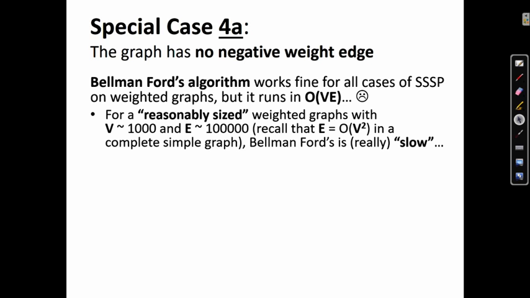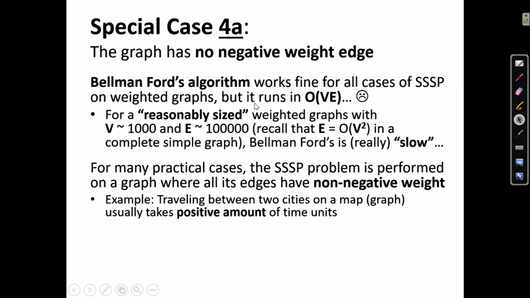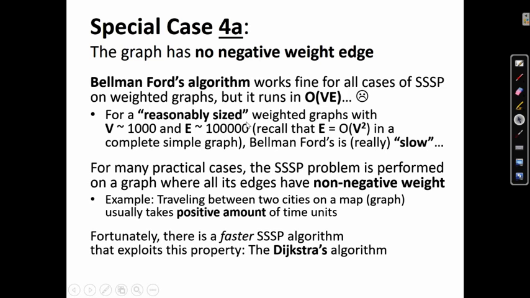So for this case, when I have a graph with no negative edge weights, I don't actually need to use Bellman-Ford. There is a faster algorithm that can solve for this kind of graph. This is called Dijkstra's algorithm. Of course, there are a lot of practical cases where graphs don't have negative edge weights. For example, if a graph represents the distances between cities, you don't have negative distances, right?